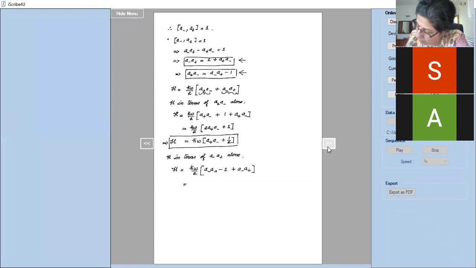So what will we get over here? ħω/2 times (2a− a+ − 1). This implies that your Hamiltonian is equal to ħω (a− a+ − 1/2). Again, a very important relation.